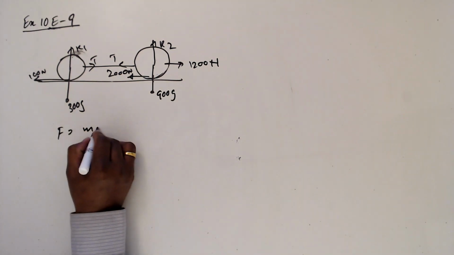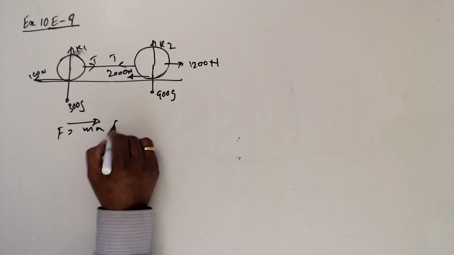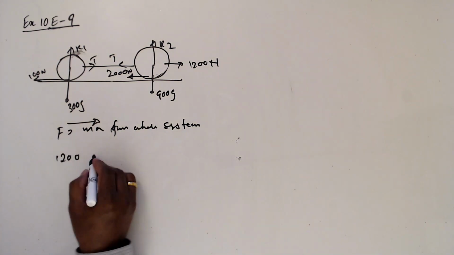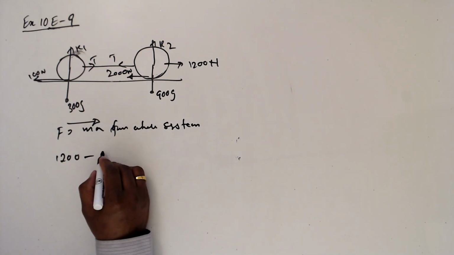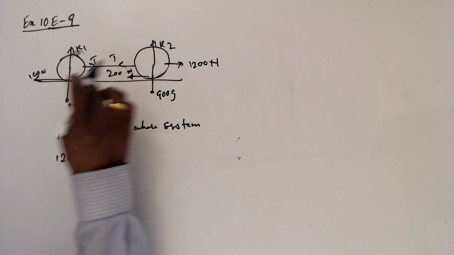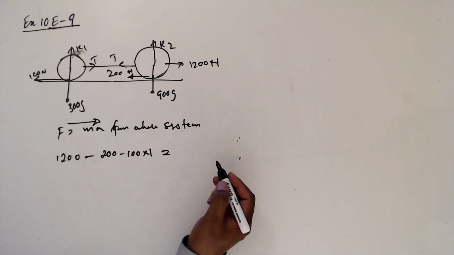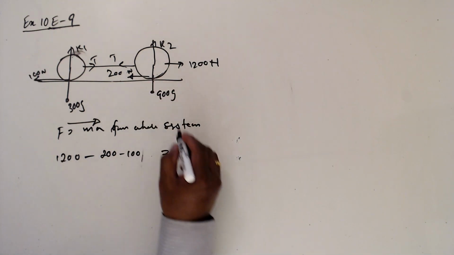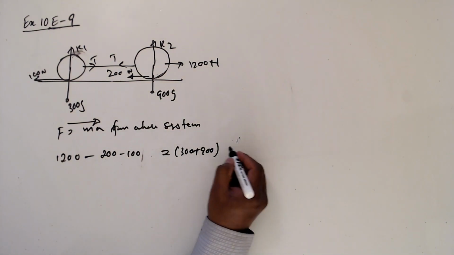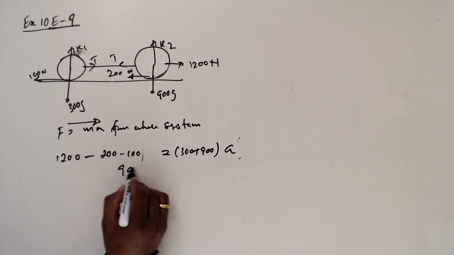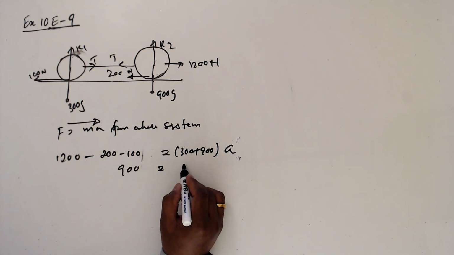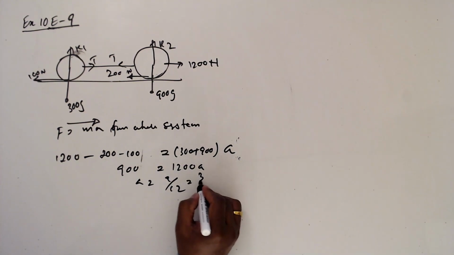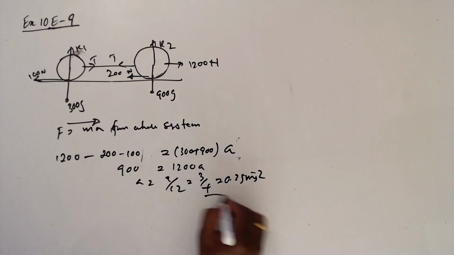F equals ma in this direction for the whole system: 1200 minus 200 Newton and 100 Newton equals the total mass, 300 plus 900, times A. So 1200 A equals 900, A equals 3 over 4, which is 0.75 m/s².